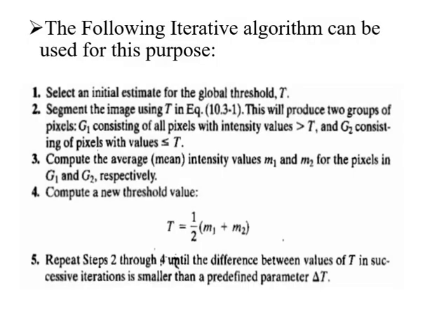Parameter delta T is used to control the number of iterations in situations where speed is an important issue. In general, the larger delta T is, the fewer iterations the algorithm will perform. The initial threshold must be chosen greater than the minimum and less than the maximum intensity level in the image. The average intensity of the image is a good initial choice for T.